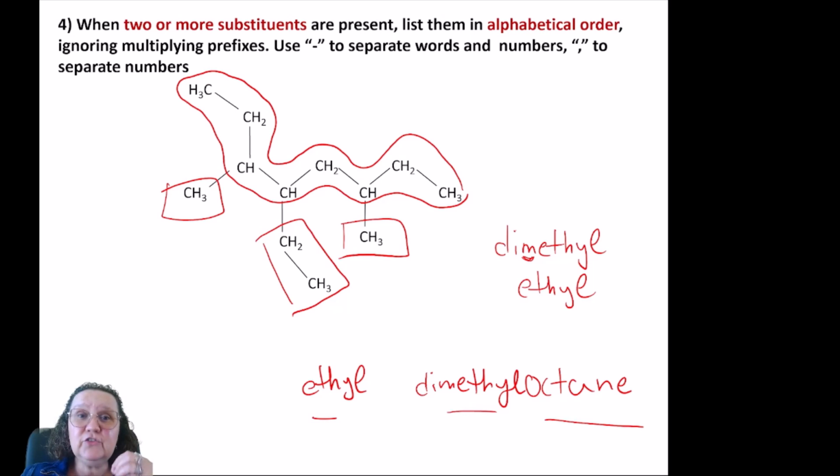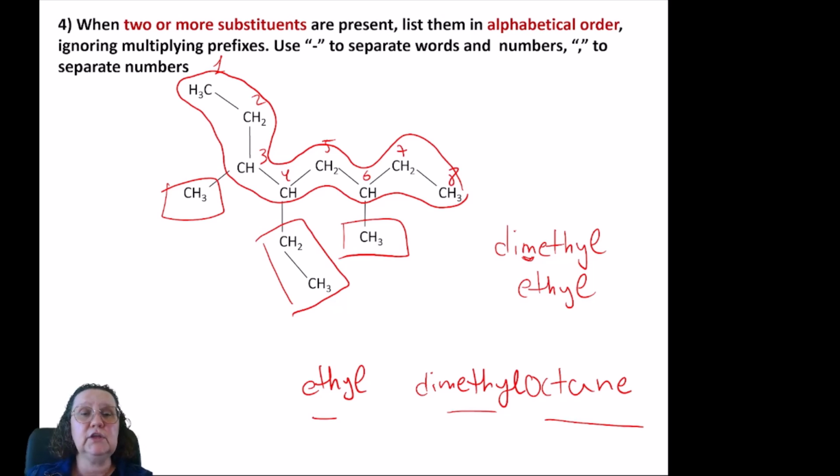And the last thing I need to do is number the carbons of the main chain to tell my reader where that ethyl group and those 2 methyl groups are. You can only number them from one end or the other. So I could do 1, 2, 3, 4, 5, 6, 7, and 8.